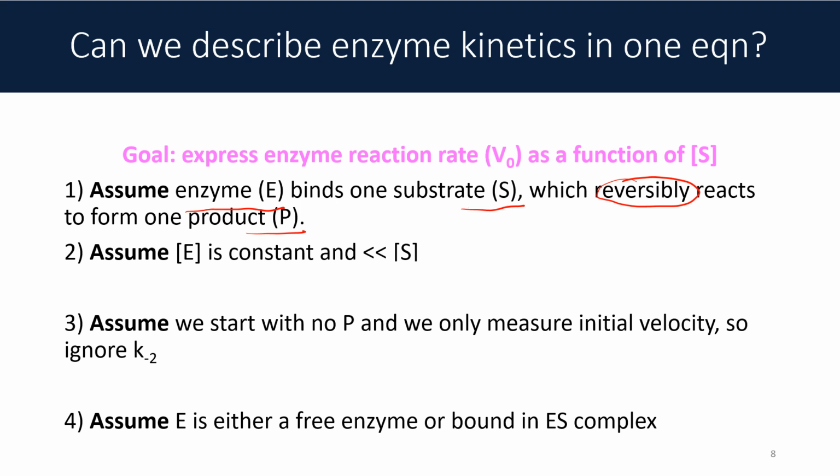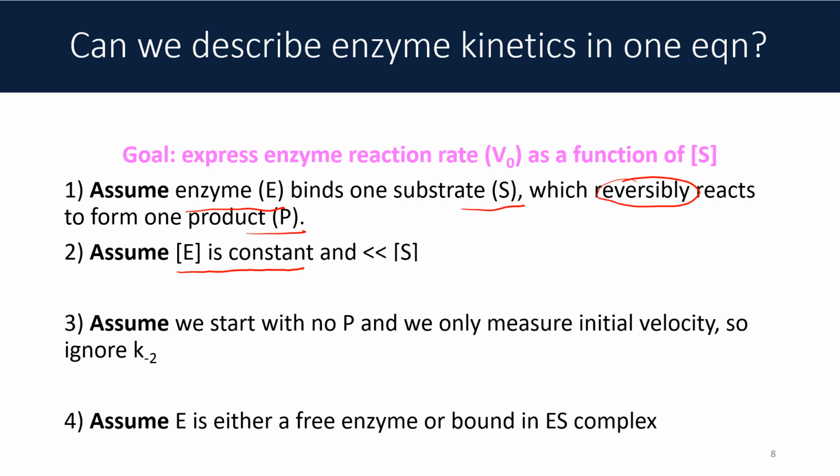Let's also assume we will be measuring enzyme rates in a test tube under easy, stable conditions. We will assume that the concentration of enzyme is constant. There are no cells in that test tube making more enzyme or eating up enzyme and throwing off our calculations.